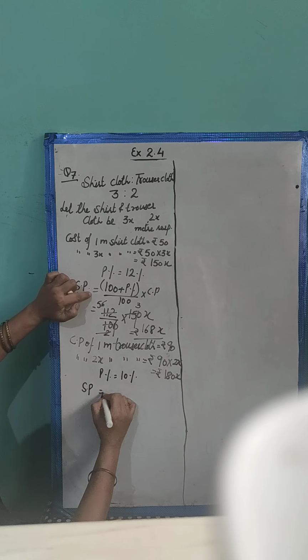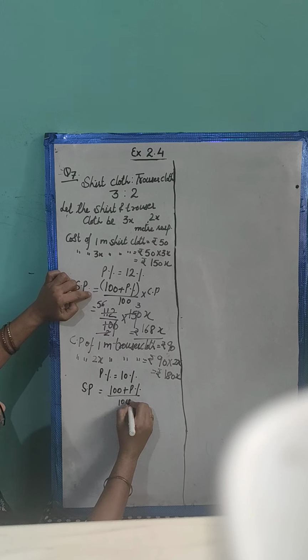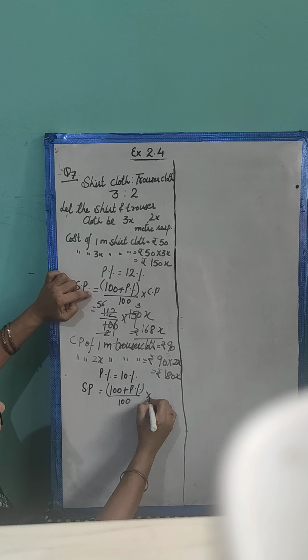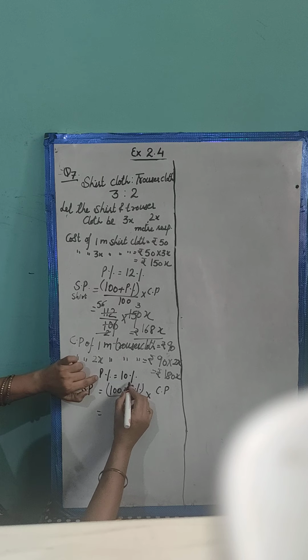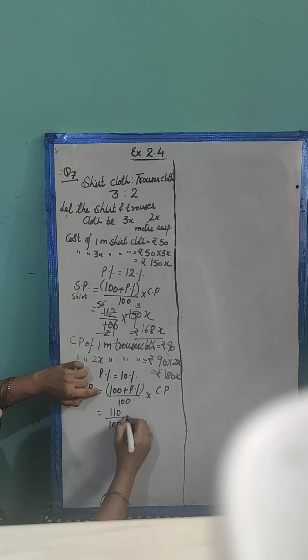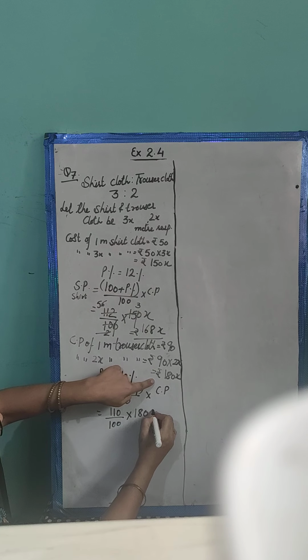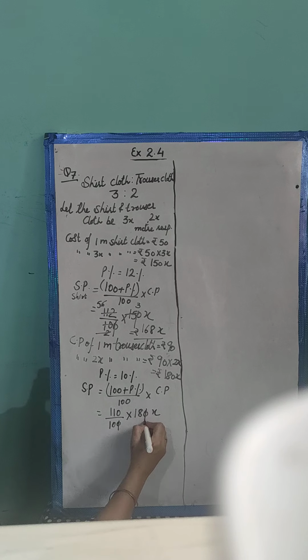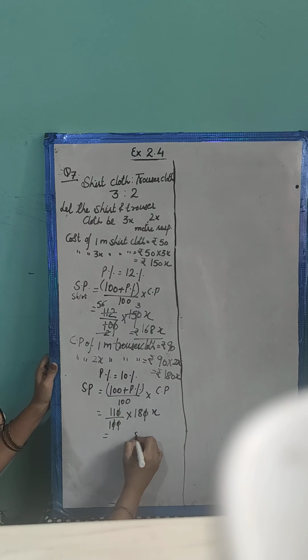Again the same formula, (100 plus profit percent) upon 100 into CP. Put the value, 100 plus 10 is 110 upon 100 and CP here is 180x. 10 cut here, 1 here. 18 ones are 18, 18 ones are 18 and 1.